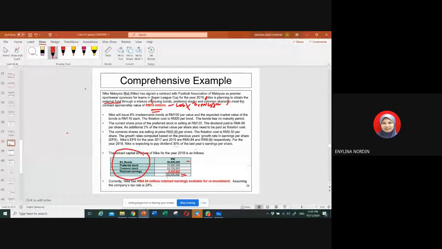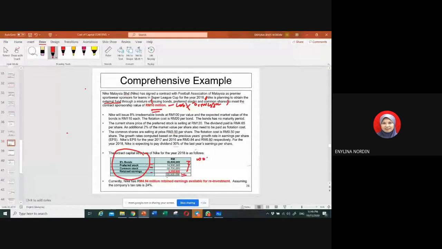Common stock 55.7 million. Retained earnings is 9.3 million. So you total up this, you will get the total capital of 100 million. So where does the 100 million come from? From these different components. Okay? Right. So from these contributions of each component's value, then we can determine the WOF.